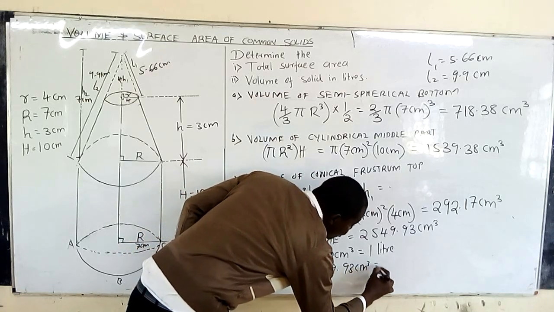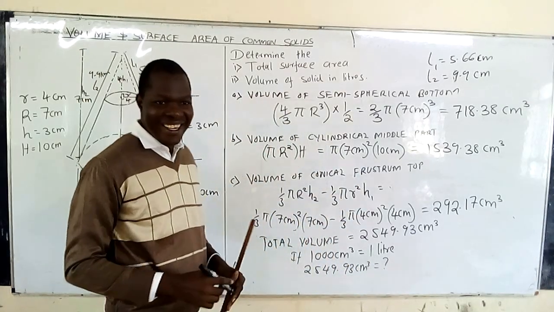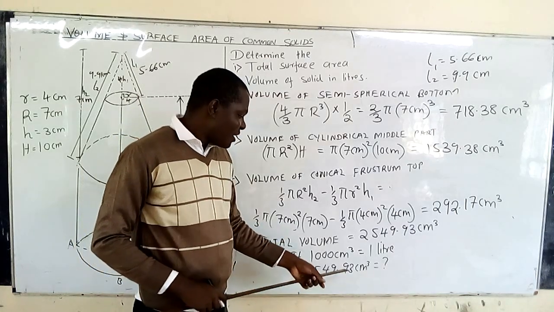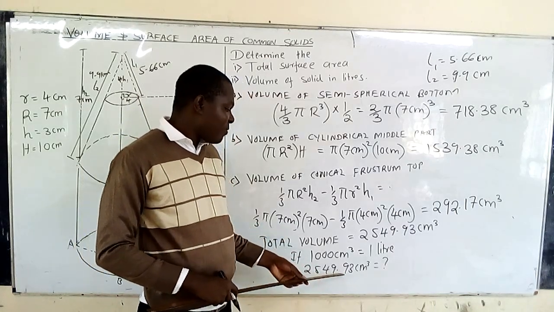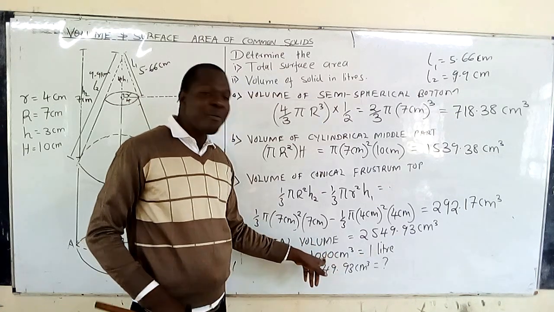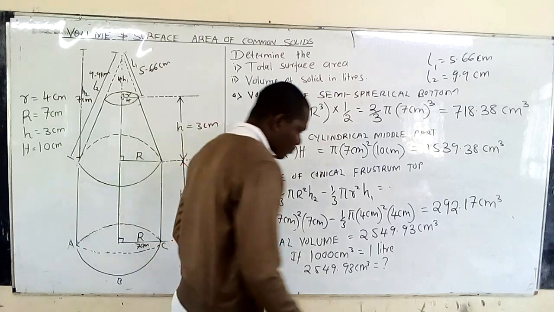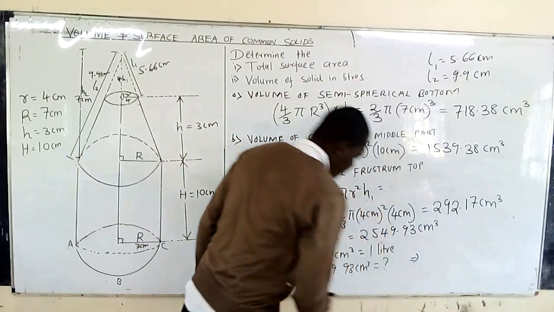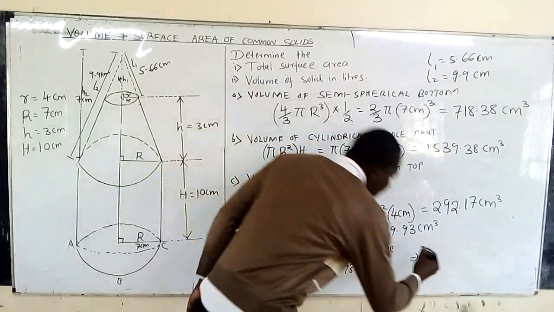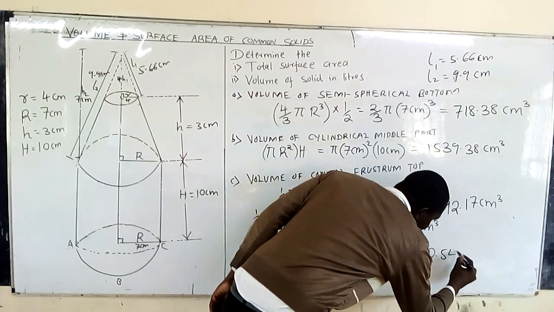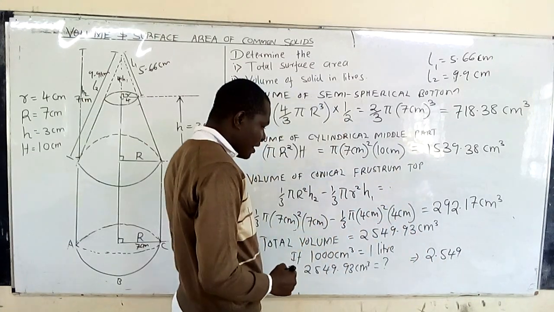So if 1,000 centimeters cubed is 1 liter, therefore 2,549.93 centimeters cubed will be how many liters? You cross multiply: 2,549.93 times 1 liter divided by 1,000. So what do you get? It will be 2.54993.